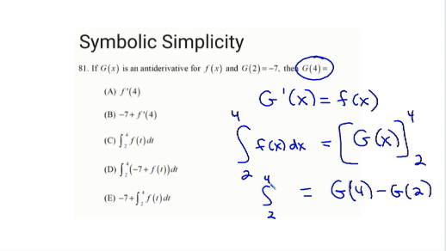So if you look at what we've been given, g of 2, which is negative 7. So now I can put that in. g of 4 minus a negative 7 makes this plus 7 equals that integral from 2 to 4.